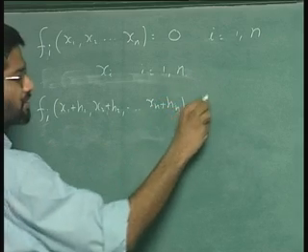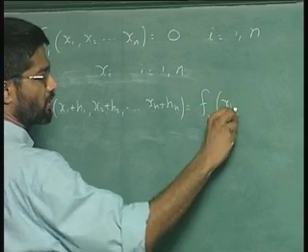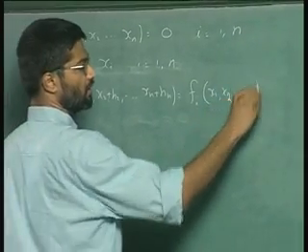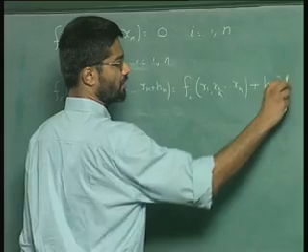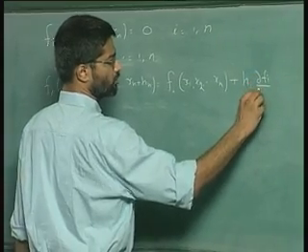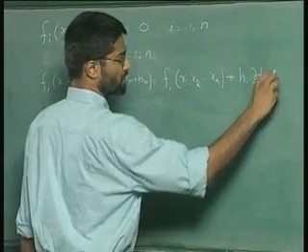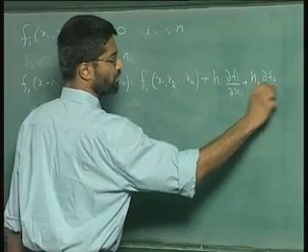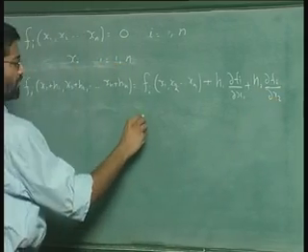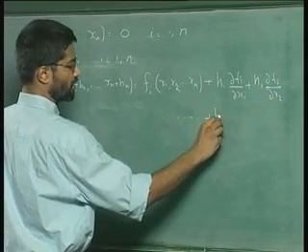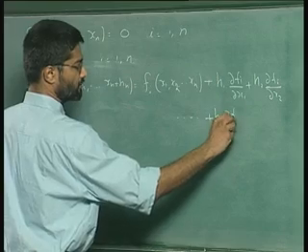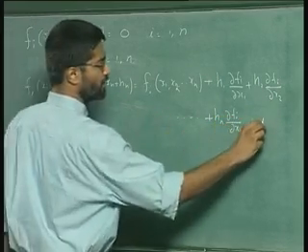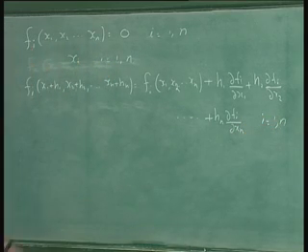We write that as fi at x1, x2, xn plus h1 into del fi by del x1 plus h2 into del fi by del x2, all the way up to hn into del fi by del xn. Right? This is for all i going from 1 to n. So that's what we have.